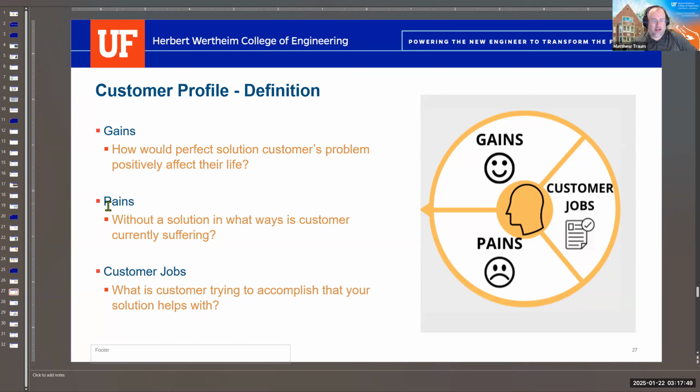The second one is the customer's pains, which is without the solution, in what ways is the customer currently suffering? And the third one is the jobs, customer jobs. So what is it the customer is actually trying to accomplish that your solution could potentially help with? So first step is to fill out those three areas, answering these questions.